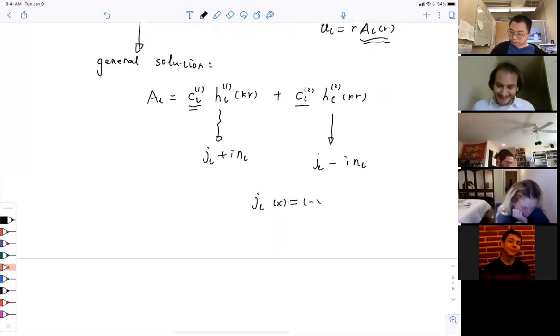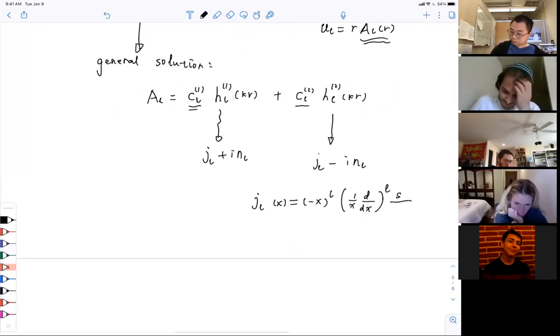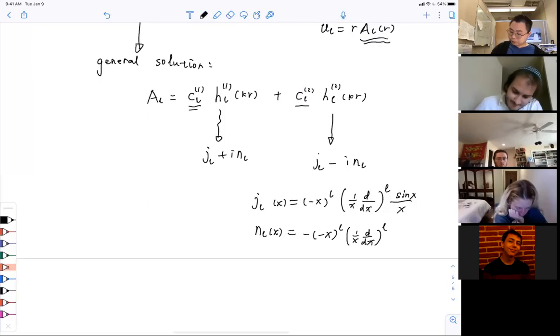It's also a spherical Bessel function. Here I just write it down for you. It's not very complicated. It's something like this.